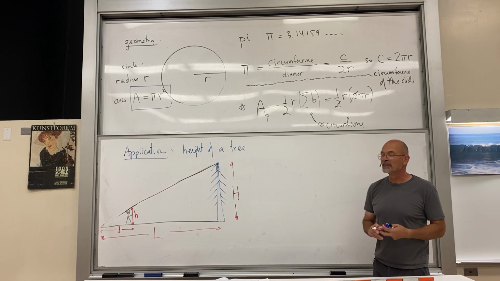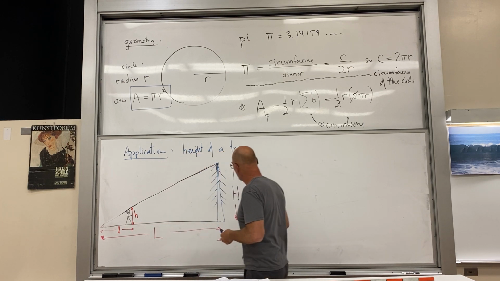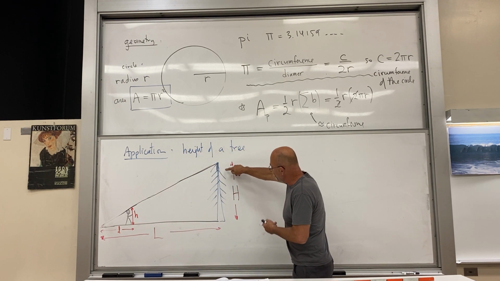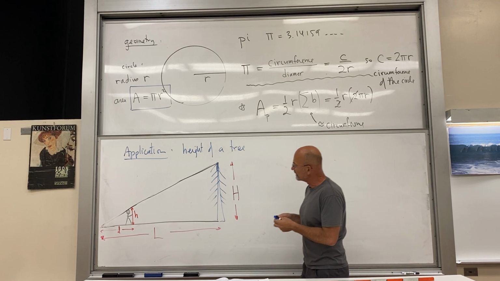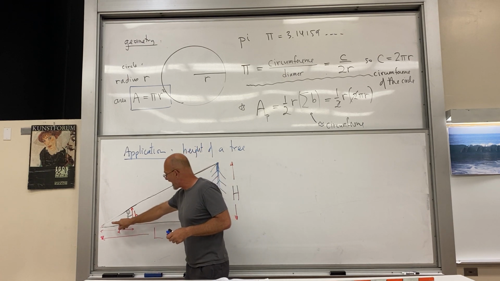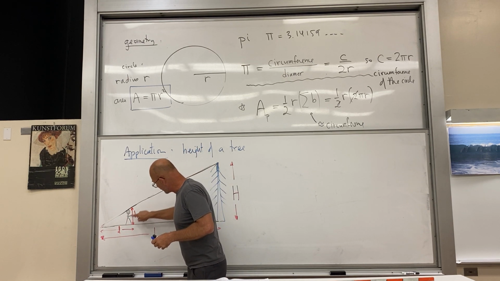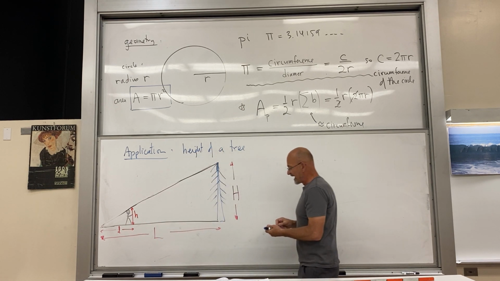See, what we have is similar triangles. The small triangle with the lowercase letters is similar to the large triangle with the uppercase letters. And when we have similar triangles, we also have similar ratios. These share an angle, and we could say this ratio is equal to this ratio. So I'm going to write that out.